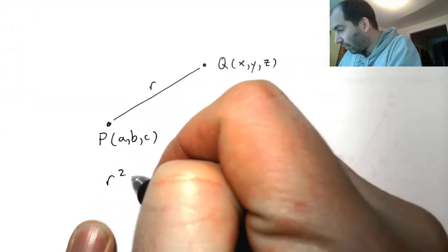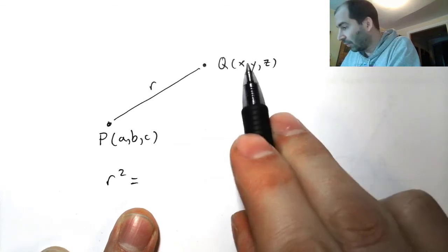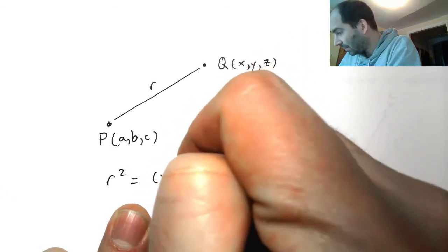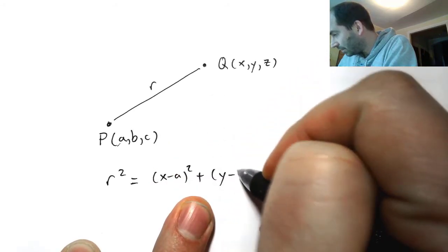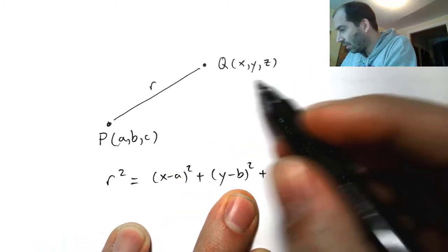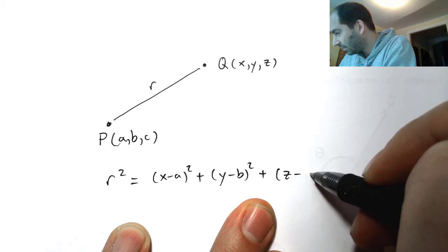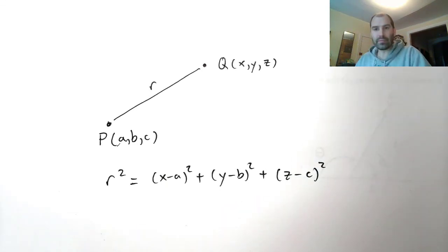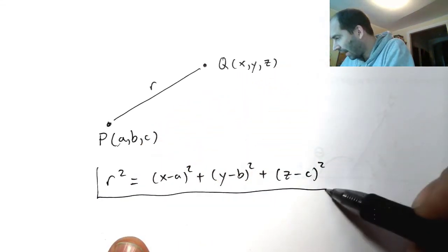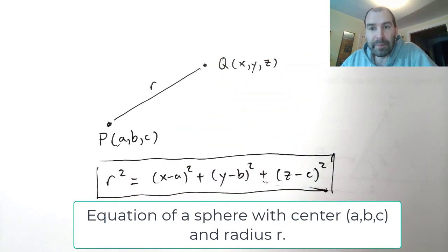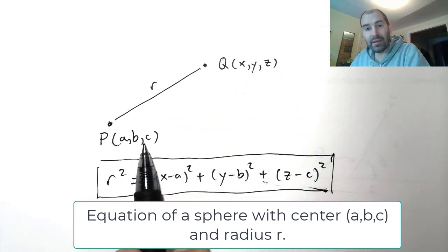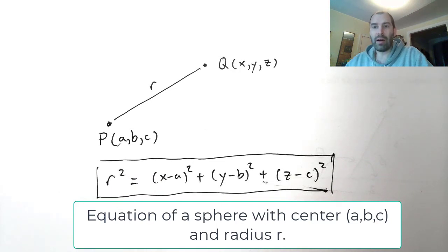The square of the radius is going to be the difference of the x, so x minus a squared, difference of the y, and the difference of the z. Each of those squared added up. This is the formula for a sphere centered at ABC of radius r.